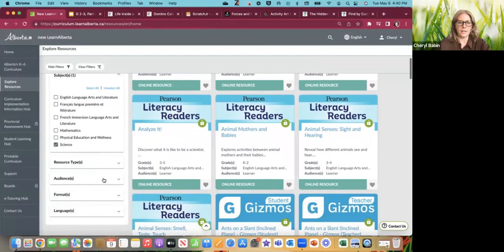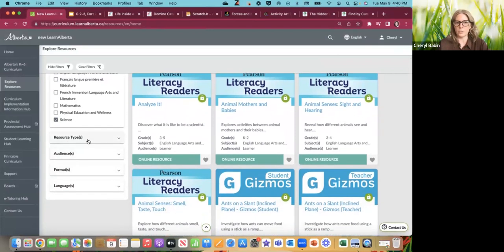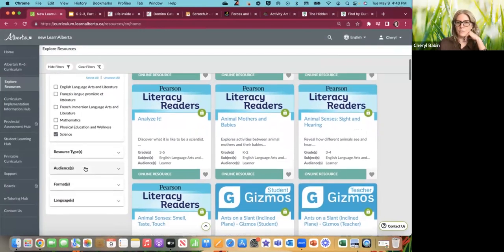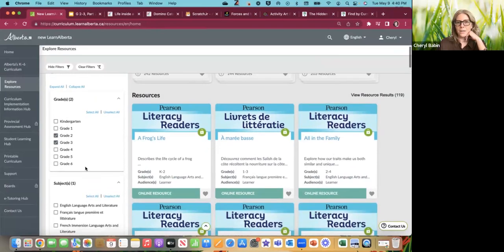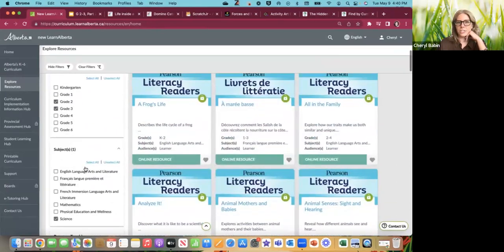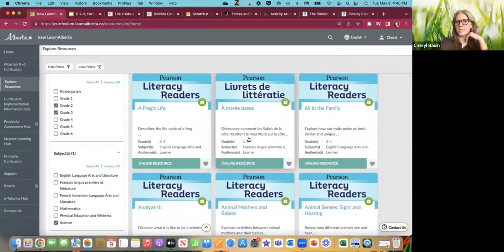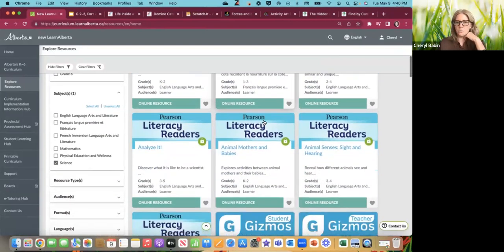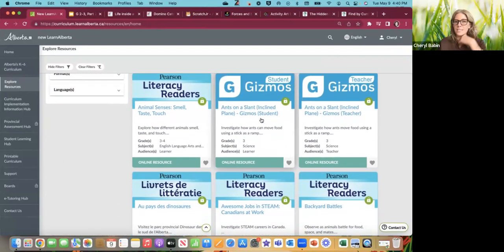Now you can see I could select a resource type or language. We've got great French resources as well as in English for those of you that are teaching French immersion. But you can see the collection of literacy readers as in English and French, as well as some Gizmos.